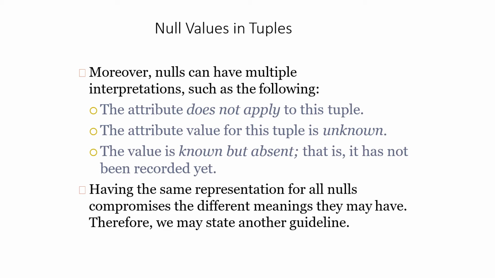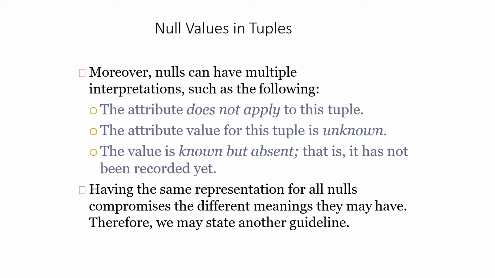The null value will be written. So third one, the value is known but it is absent, that is, it has not been recorded yet. It is there but no experiment has been done over it, or we know nothing about it, so it will not be there. But yes, that field exists.